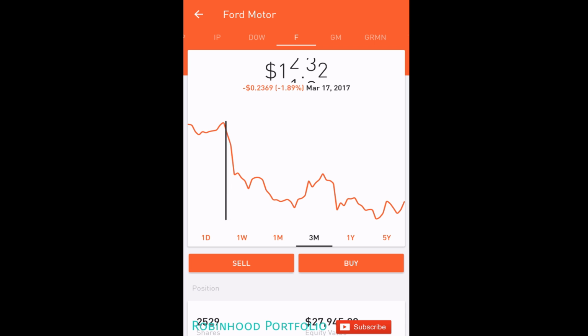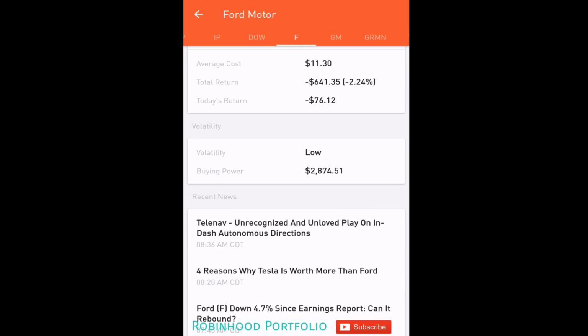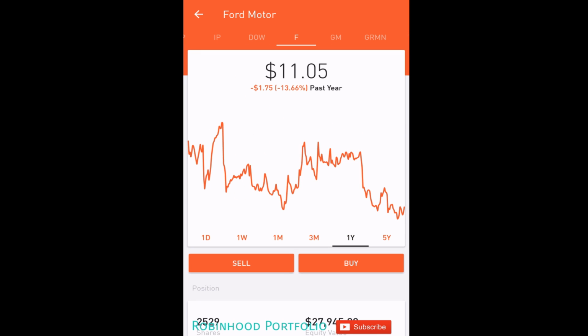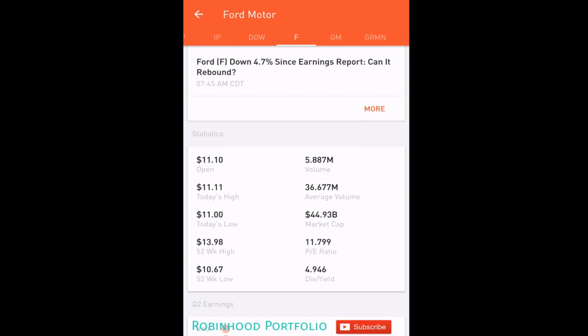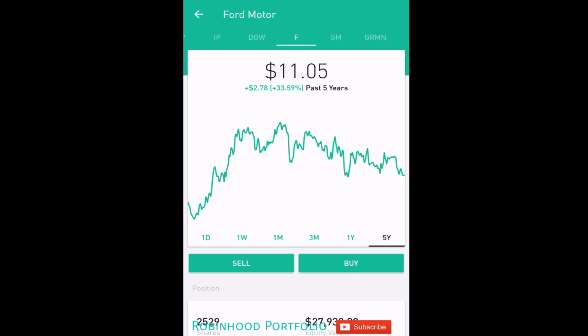Let's say I bought at this dip here, and unfortunately it's just been trending down. Well, I'm more than happy to keep this for the long term, because again, penny stocks you do not want to hold overnight. They're very volatile. But Ford here is a blue chip company. Yes, it's going to maybe trend down a bit. It's down 13.7%, but it's got a good dividend yield, and over the long term, I have every confidence that this is going to trend back up at some point.